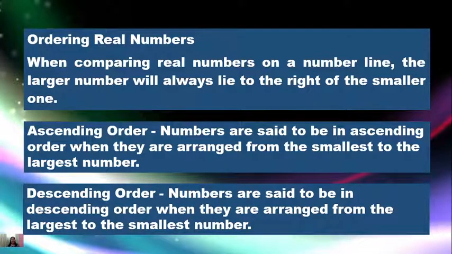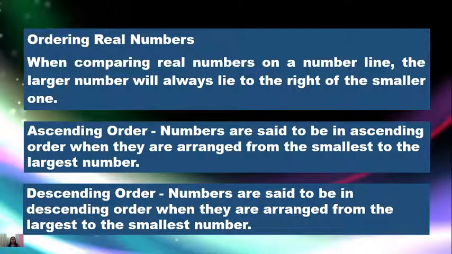Pero, kapag i-arrange mo naman siya using descending order, okay? Descending order. Numbers are said to be in descending order when they are arranged from largest to the smallest number. Let's say, kagaya ng example natin kanina, 1, 3, 5, that is ascending. Paano natin siyang gagawing descending? That is decreasing order. 5, 3, 1. So, yun yon. So, do not confuse the two terms in ordering real numbers.